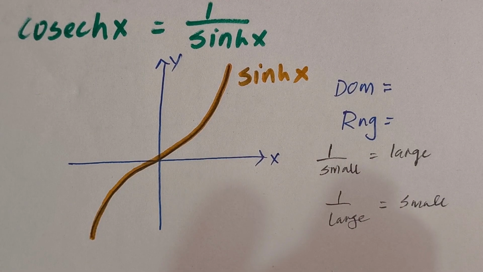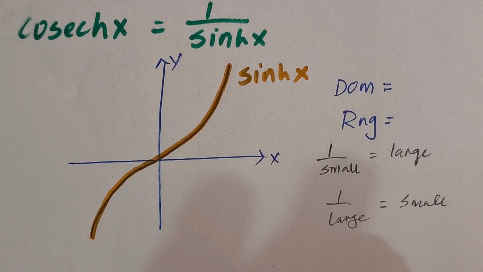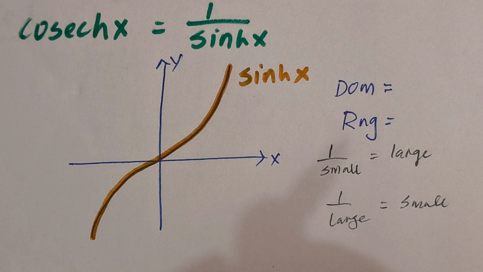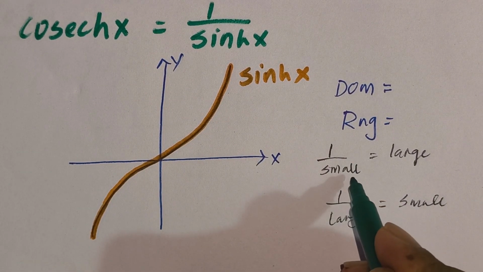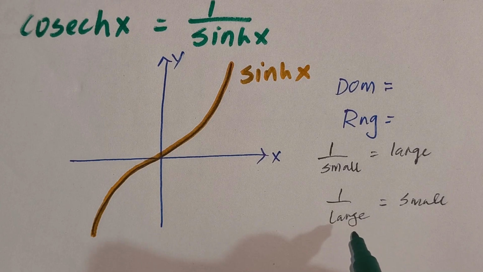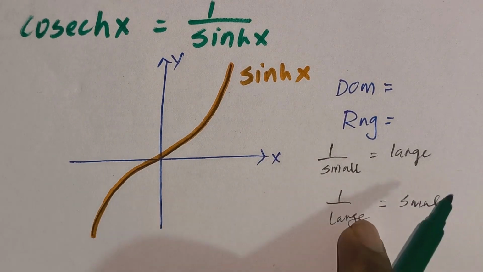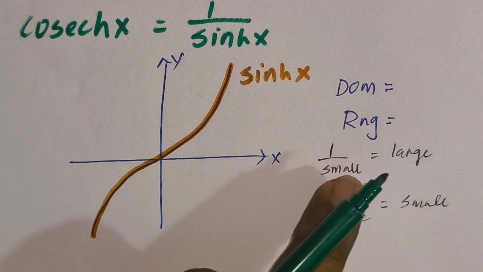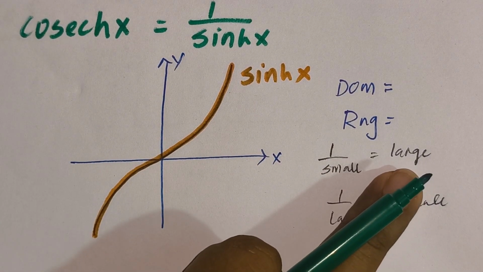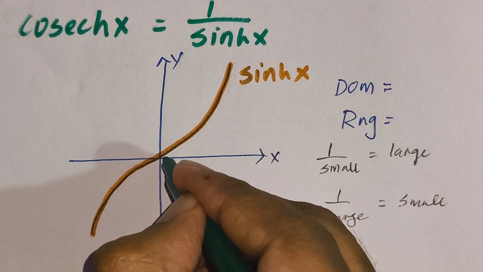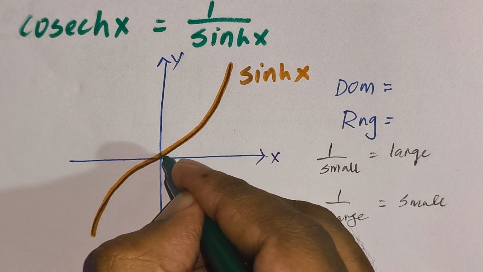Next we have the reciprocal of hyperbolic sine, which is hyperbolic cosecant. Here we have hyperbolic sine, and note this: 1 over small is large, and 1 over large is small. When you have a large quantity, its reciprocal gets smaller and smaller. When you have a smaller quantity, then the reciprocal becomes large. So when you go closer to the x-axis, the heights get closer and closer to 0.